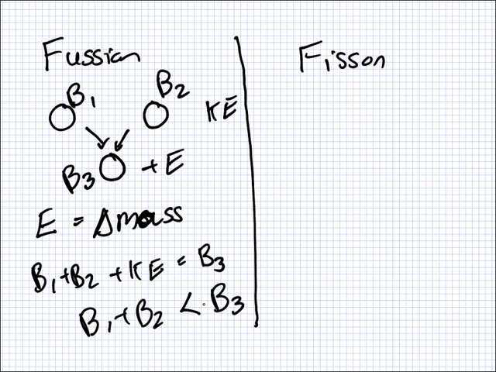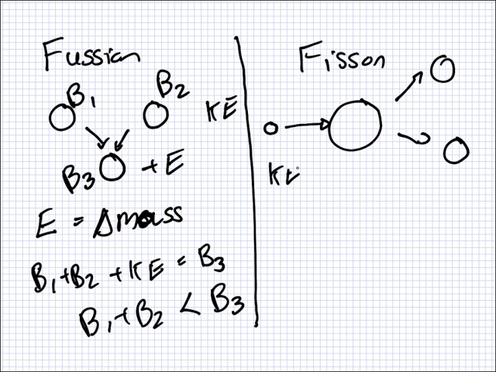That's what I think. Here with the fission, you have 1 here, but remember what you do is you take a small guy and you fire that in to break it. So this has a KE, this has a B1, this has a B2, and this has a B3.